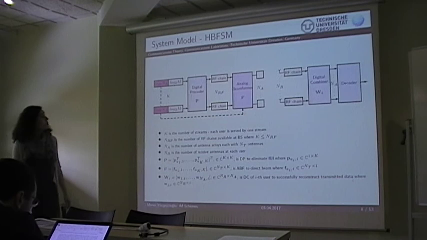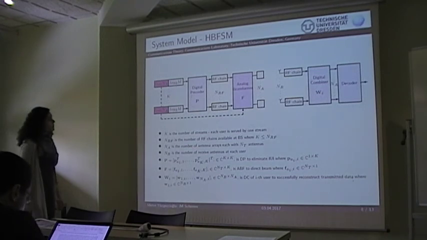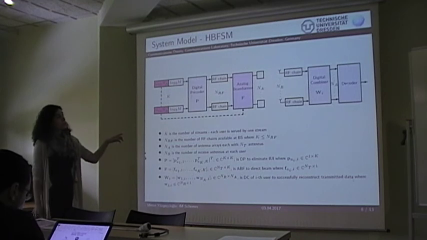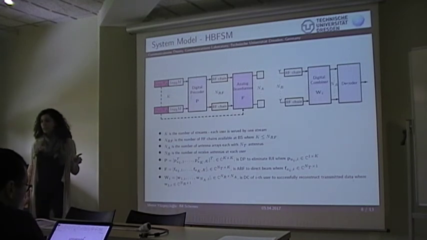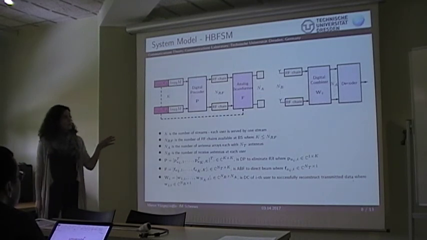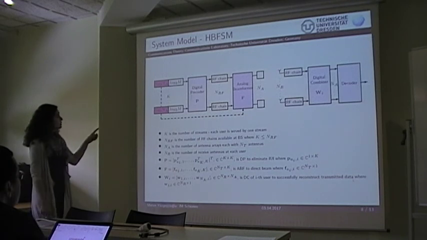Here we are looking at the system model of hybrid beamforming with spatial modulation. There are NA antenna arrays available at the transmitter, and each has NT transmit antennas. There is no restriction from the antenna array point of view.